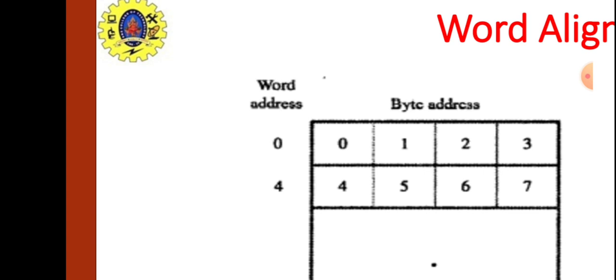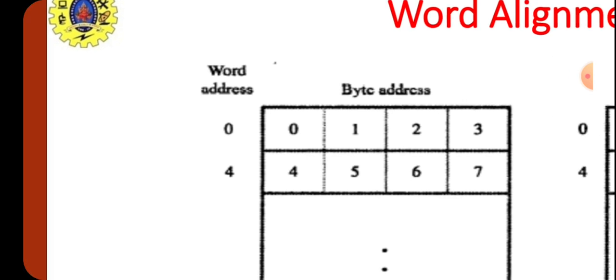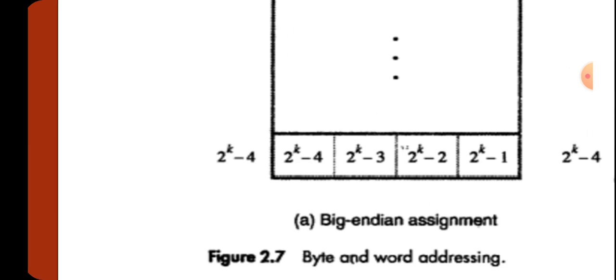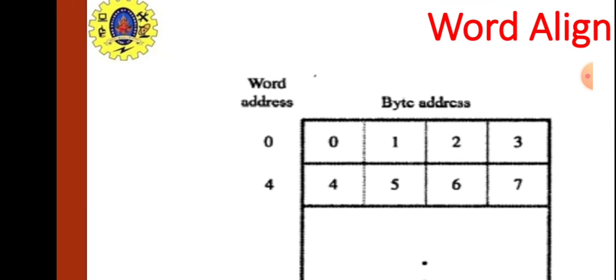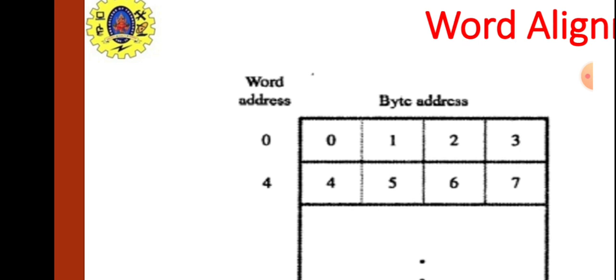This is the leftmost. The leftmost consists of the lower value, and the rightmost is of higher value. That is, the word will be stored from 0 to 3. This is the big endian assignment, whereas the second word will be stored in 4, 5, 6, 7.